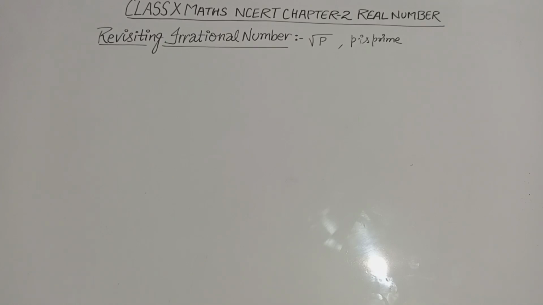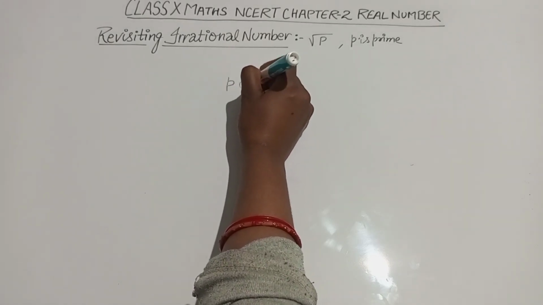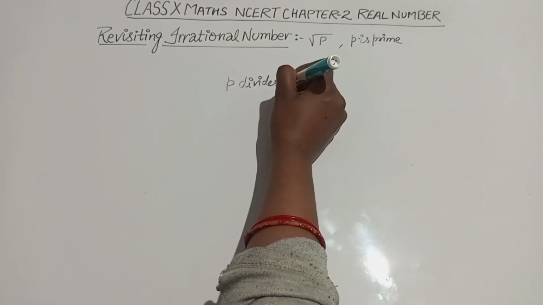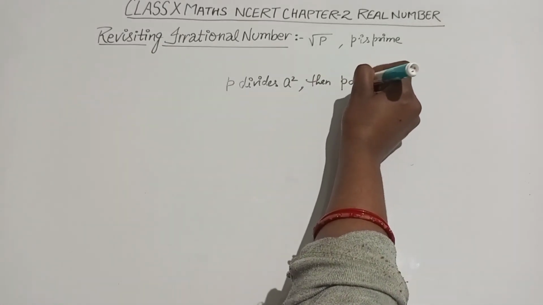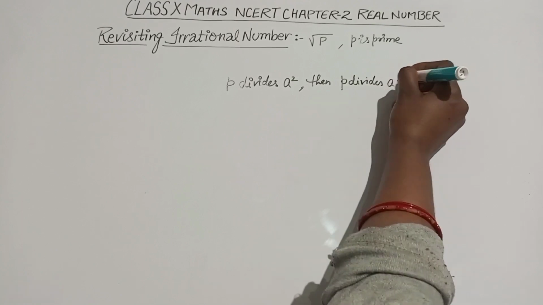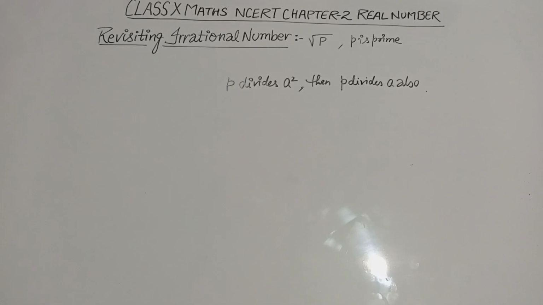We have proved that if p is a prime and it divides a square, where a is any positive integer, then p divides a also. This is a theorem, and we discussed this theorem in the previous video of class 10th.